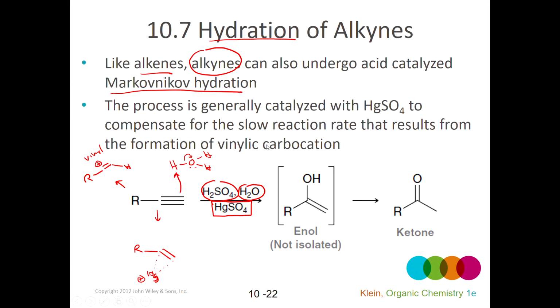So I'm not exactly sure where I cut out. What I was saying was, if we react H3O+ with an alkene, we saw this previously, the alkene can pick up a proton.